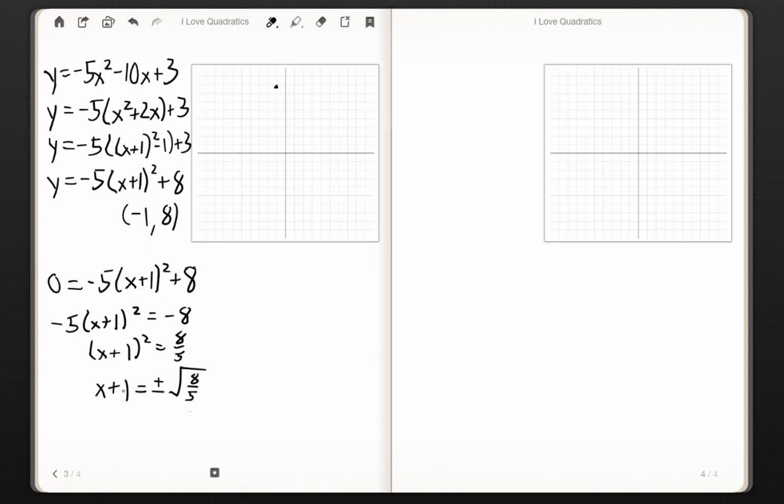Okay, now to get the final solution for x, now we could do a lot of stuff with what's inside here. We could change square root of 8 to 2 times square root of 2. We could rationalize this denominator. But we're actually not going to do all of that extra simplification because all we want to have is something we can graph. And square root of 8 over 5, we're going to want to end up approximating this.